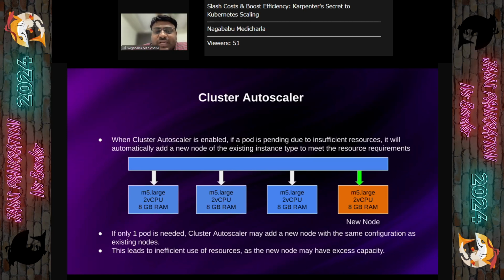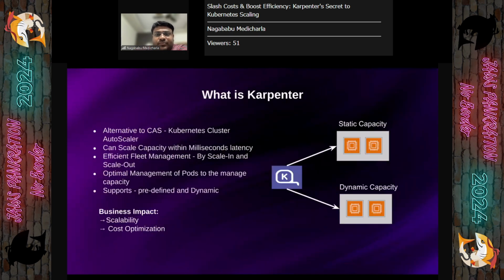Also, the cluster autoscaler makes use of the autoscaling group. Usually the autoscaling group is a bit slower because it depends on autoscaling group events. It takes some time to identify that there is an autoscaling event, and then it will trigger a new node being added. So this is how the cluster autoscaler works.